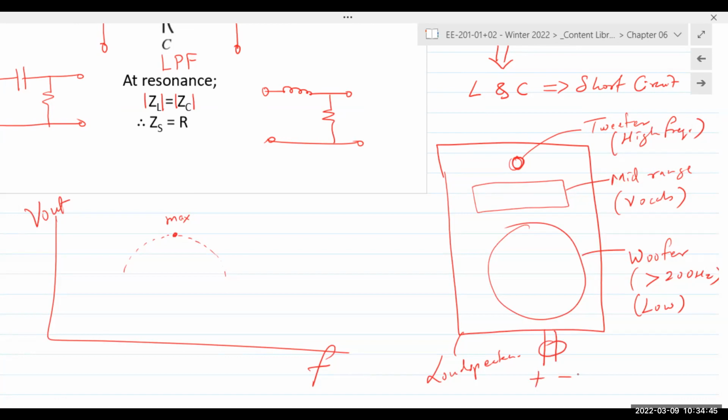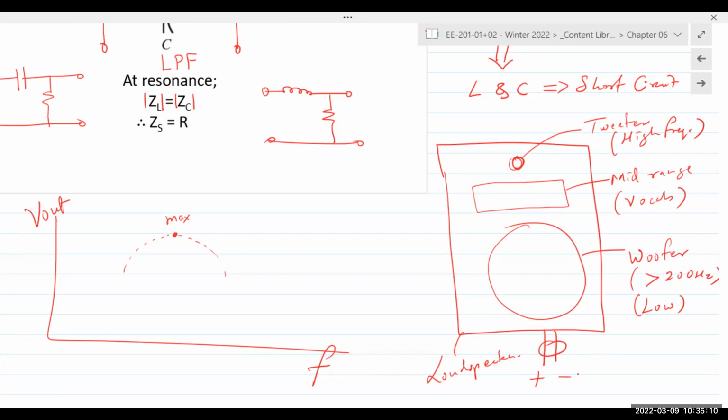Each speaker has a specific function. The woofer reproduces only low frequencies, this reproduces only a mid-range band of frequencies, and this reproduces only high frequencies. So this requires a high pass filter, this requires a band pass filter, and this woofer requires a low pass filter. And those are very easy to implement.